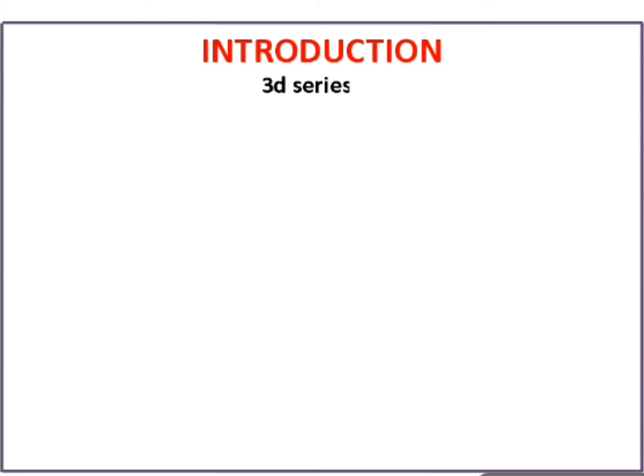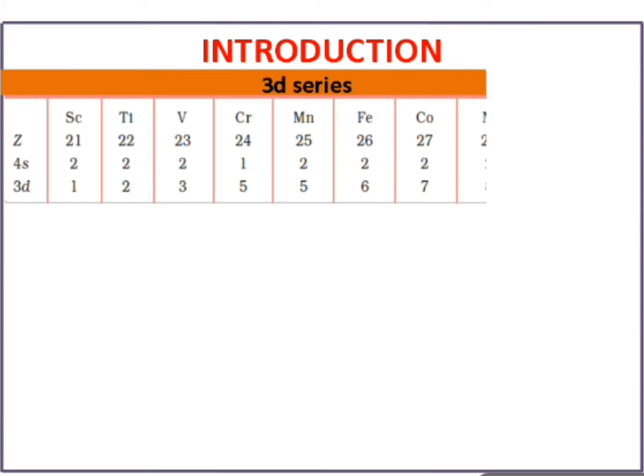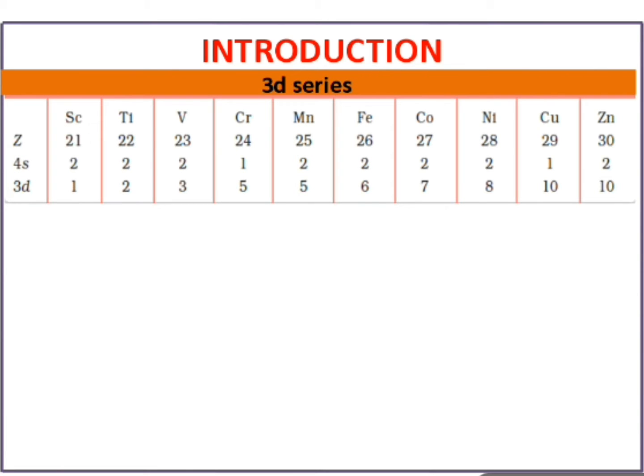First, we will talk about the 3D series. The 3D series starts from scandium to zinc. The atomic number is 21. In the 4s orbital, the number of electrons is 2. In the 3D orbital, the number of electrons is 1.